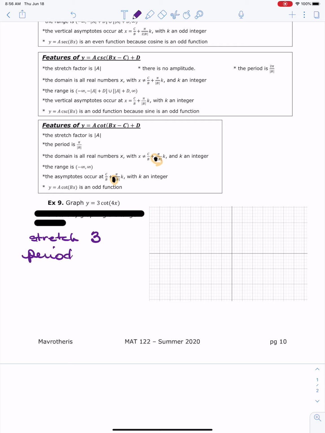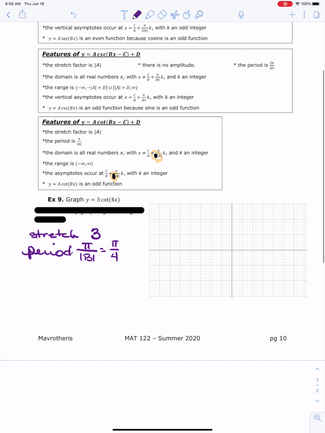We have a period of pi over the absolute value of b. In this case, b is 4. So our period is pi over 4, and I'm going to go ahead and set this up so that it's big enough for me to see what's happening.